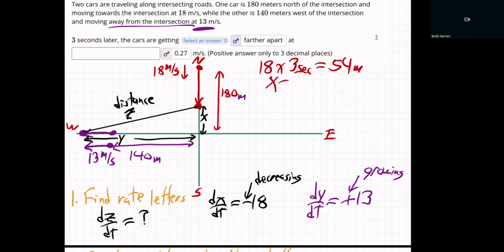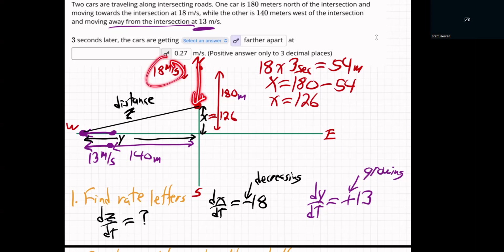That means x equals 180 minus 54, which is 126. So x right here is 126. That's how far away from the intersection that car is, right? Because it started out at 180 and it's getting closer by 18 meters every second, for 3 seconds. That means 126 away. What about y?